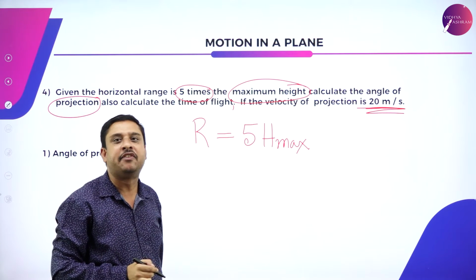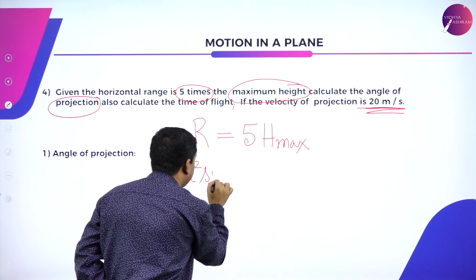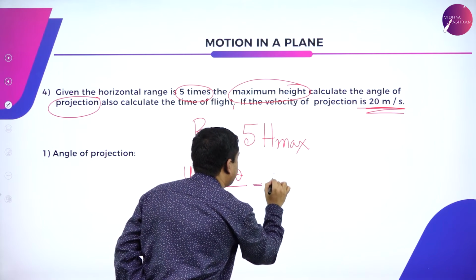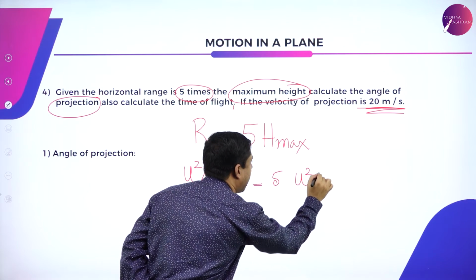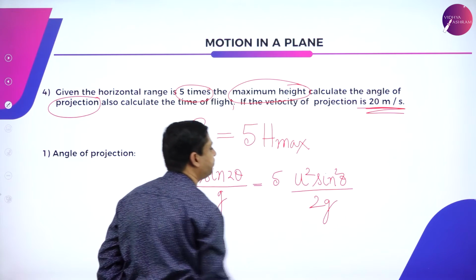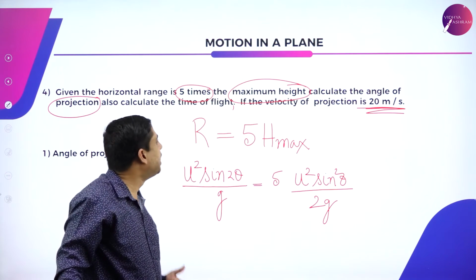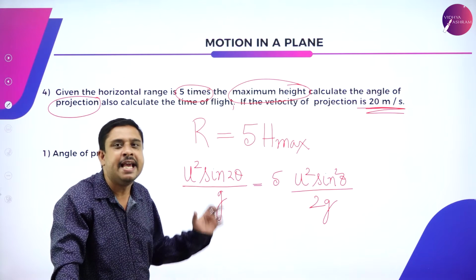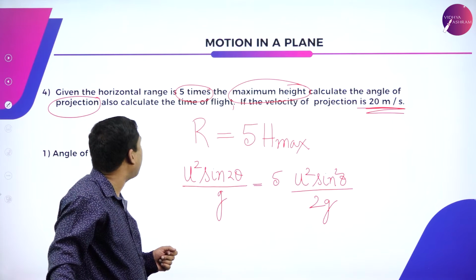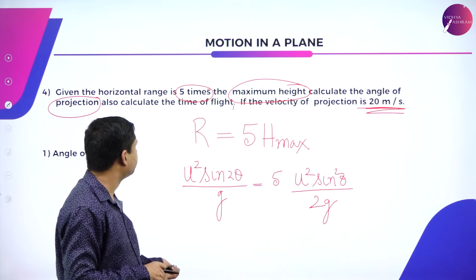U square sin 2 theta by g is 5 times u square sin square theta by 2g. Again, the same way as I proceeded in the previous problem, simplify, get the value of theta. Again, use the expression for time of flight and calculate the time of flight.